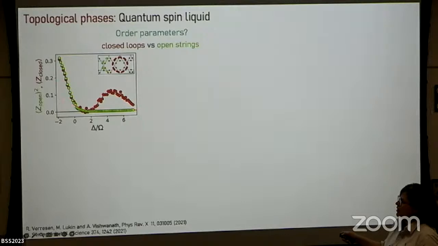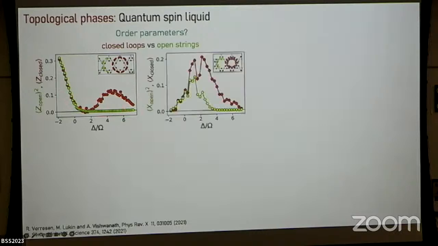And for an open string that corresponds to half of that closed loop. What you see is that in this trivial region that I identified before, where the expectation value is finite for trivial reasons, both of them have a finite expectation value. But when you go into this dimer phase, the open string goes to 0. And a similar thing happens for the open strings.